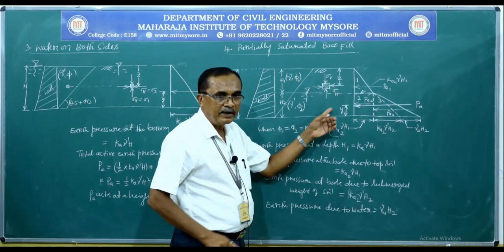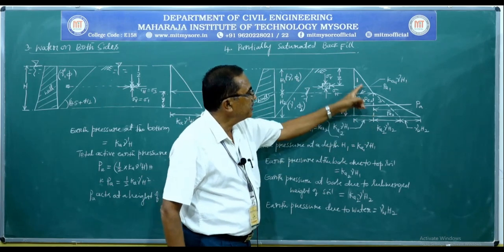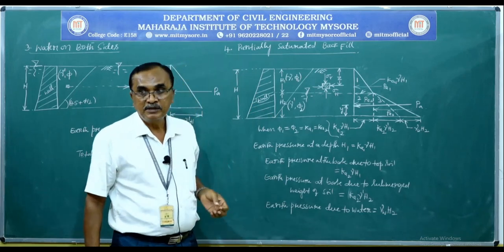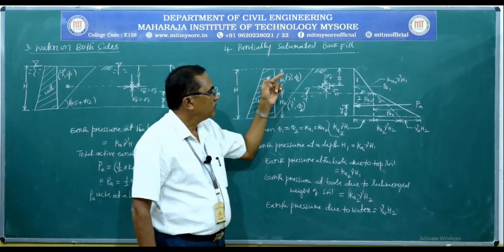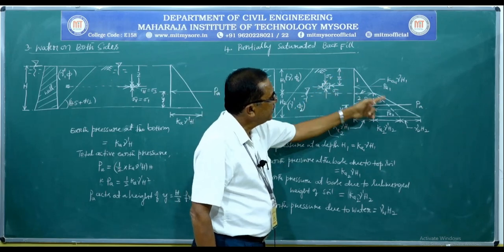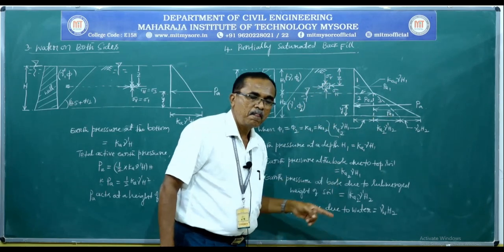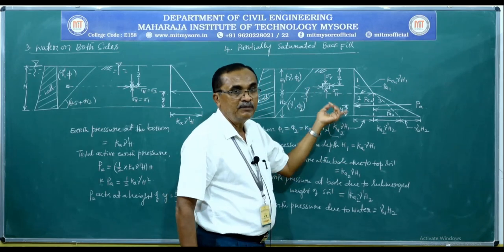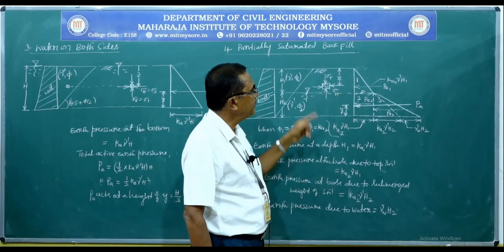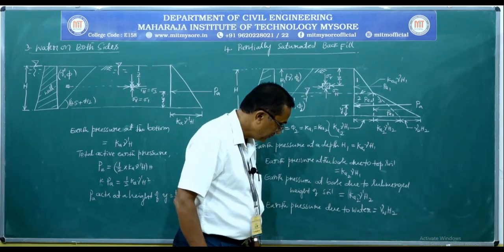Here the extra thing we added is PA1, PA2, PA3, because we come across an irregular pressure distribution diagram. To calculate total active earth pressure, we need to convert this irregular pressure distribution diagram to regular geometrical shapes, then calculate the area of the pressure distribution diagram.